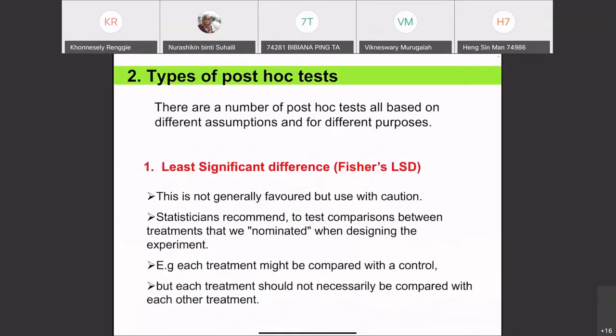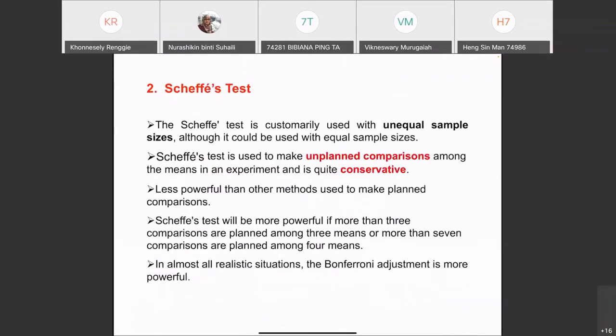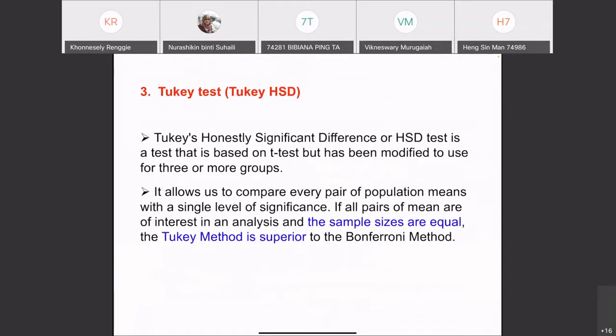But we're not going to focus too much on the first 2 tests, because we're going to focus more on the Tukey and Bonferroni methods, which are the last 2. This is just for you to know. The second test is the Scheffe test. These 2 tests are not really preferred because they have some drawbacks or weaknesses. That's why the Tukey test and Bonferroni test are preferred.